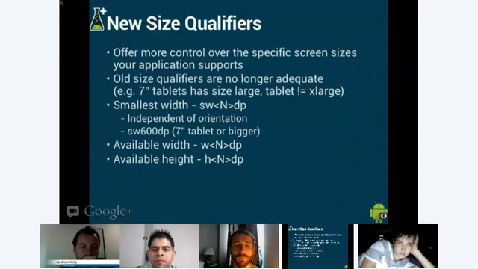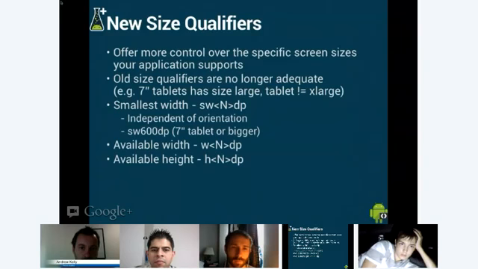The old size qualifiers, which are small, normal, large, and extra large, turn out, because of the resolution issue, to be no longer good enough to classify things like tablets. For example, a 7-inch tablet has size large, so that makes a tablet not necessarily equal to extra large, which breaks a lot of things.